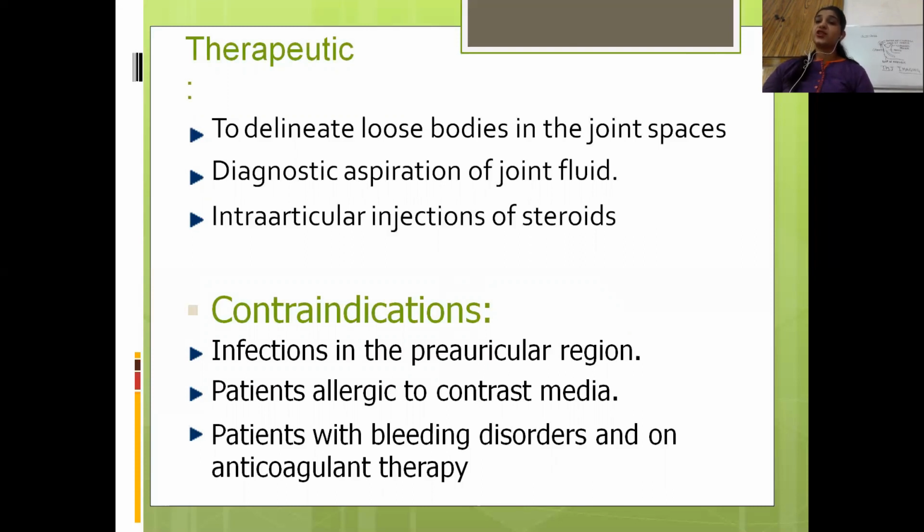Patients allergic to contrast media: first we should check if the patient has an allergy to the contrast media. Patients with bleeding disorders and on anticoagulant therapy, and other systemic diseases like vitamin C deficiency, vitamin D deficiency.